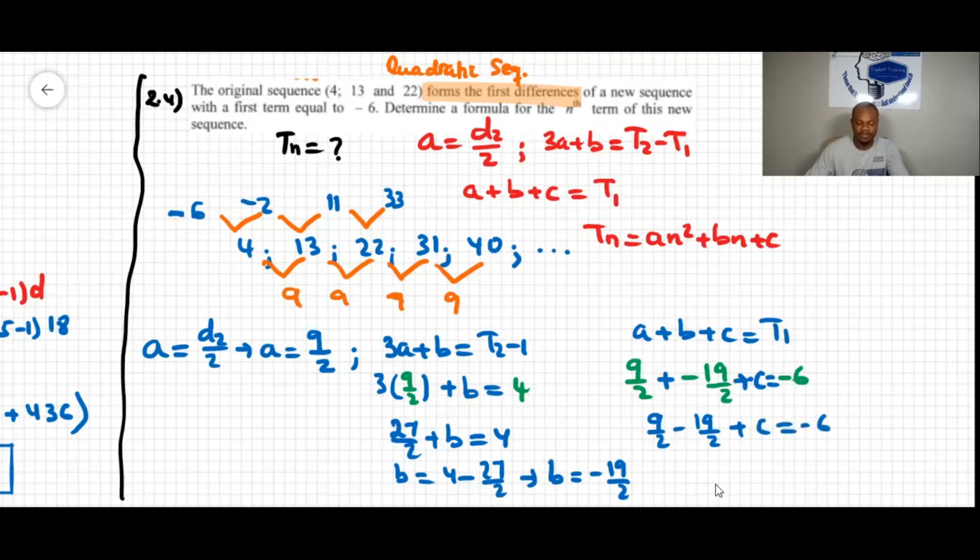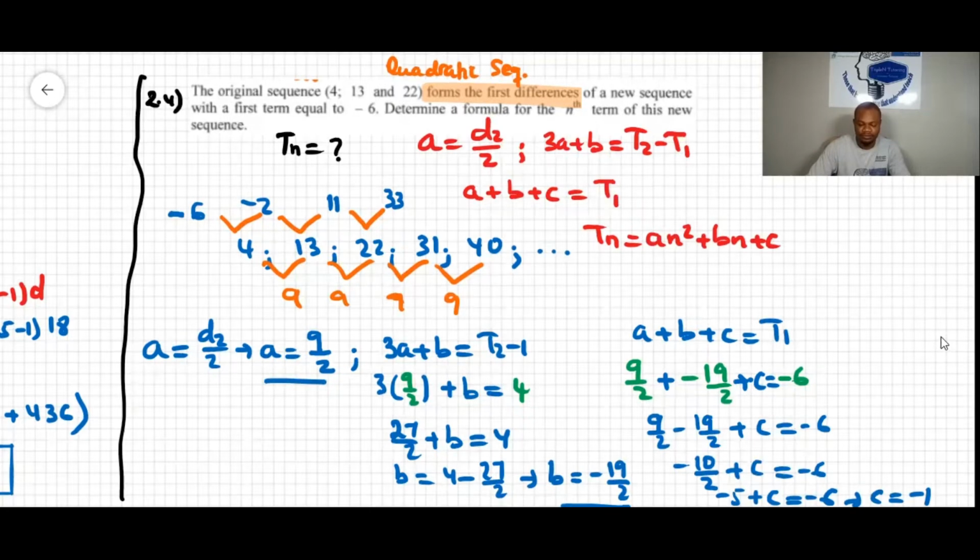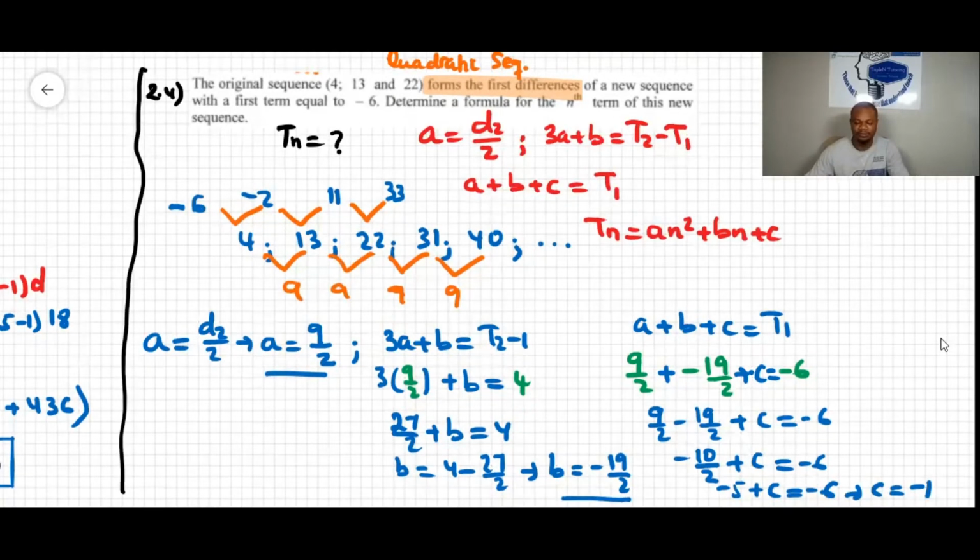That is negative 10 over 2 plus c equals negative 6, and negative 10 over 2 is negative 5, so c will be equal to negative 1. Now that we have a, b, and c, we can answer the question.